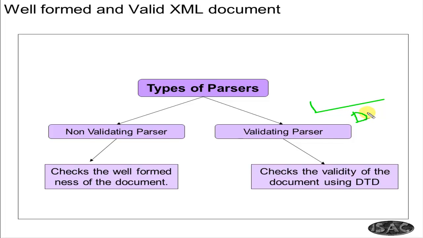And a non-validating parser only checks the well-formedness of the document, like whether the XML tags are matching or not, you are not nesting the tags improperly, you are not closing the tags the wrong way.